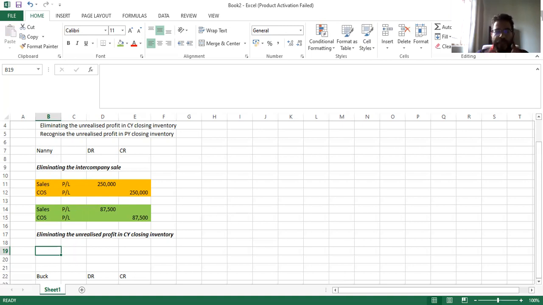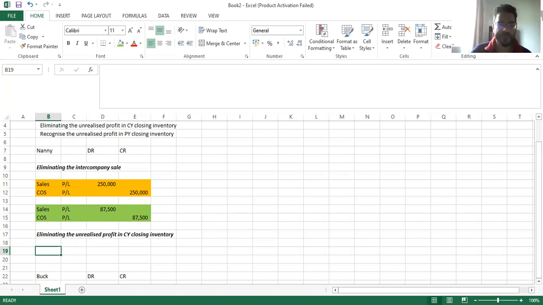Because Nanny did not yet sell it to an outside party, that 15% included in the 20,000 Rand is considered unrealized. The group does not want unrealized profit. The group does not want a profit that they made on themselves. They only want to show profits that they have made with those outside of the group, with third parties.